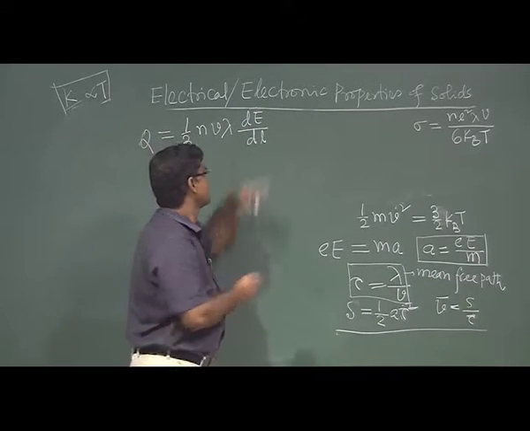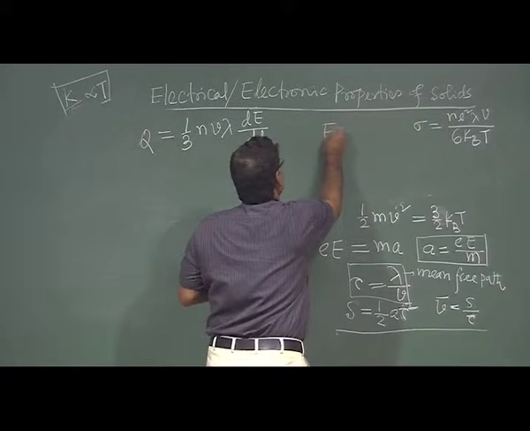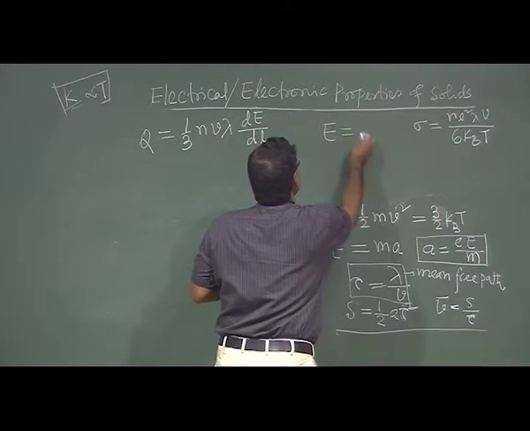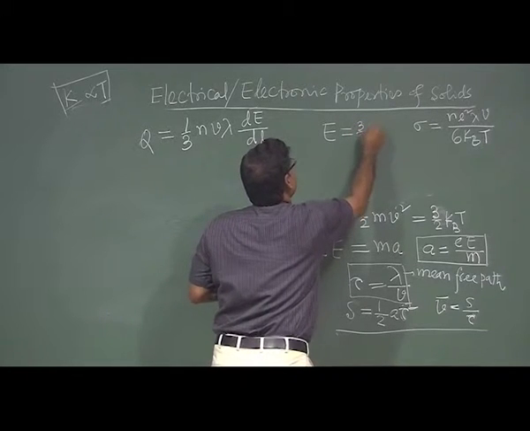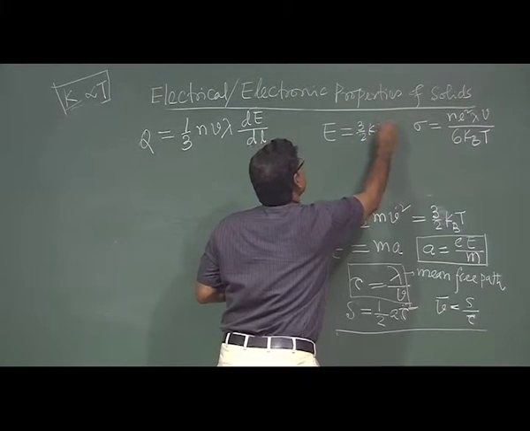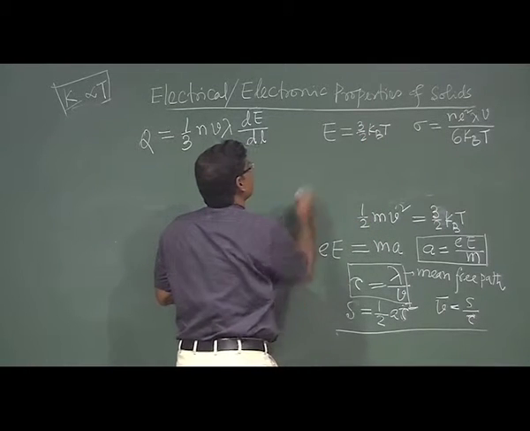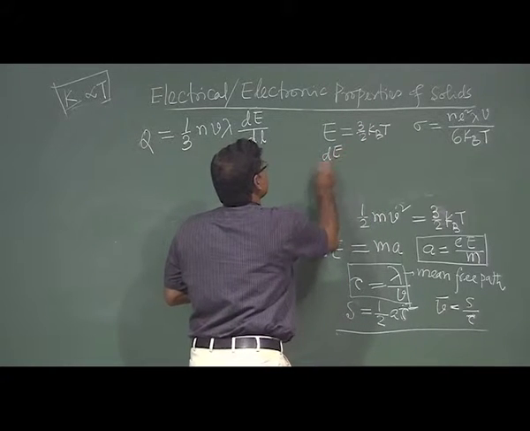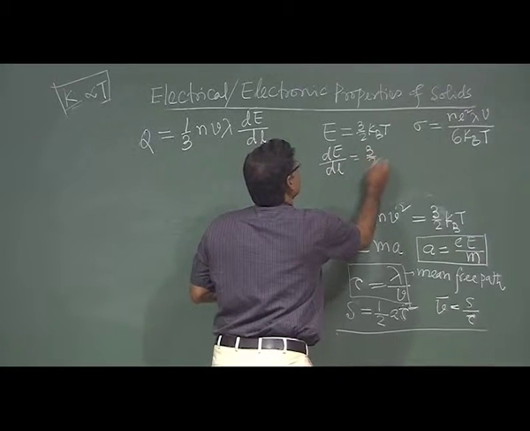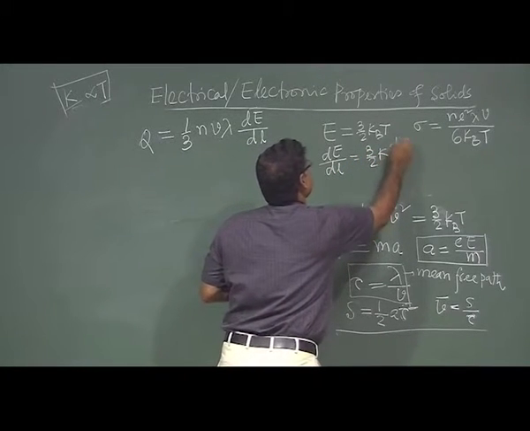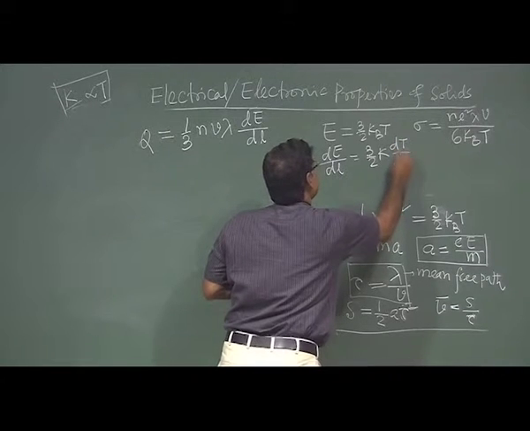So, this E, what is the kinetic energy E? That is 3 by 2 kBT, right. So, dE by dl will be 3 by 2 kB dT by dl.